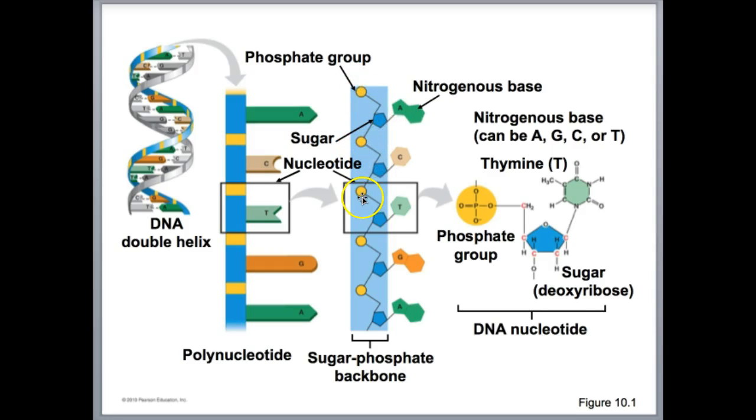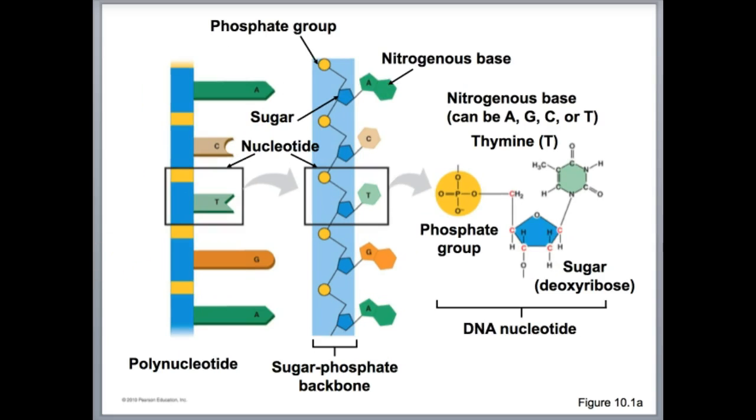Sugar, phosphate, sugar, phosphate, sugar, phosphate. And in terms of DNA, we have 2 strands of that. And then in between, we have the nitrogenous base. And this is the nucleic acid component of this. And that's really all DNA is made out of. There it is up close.